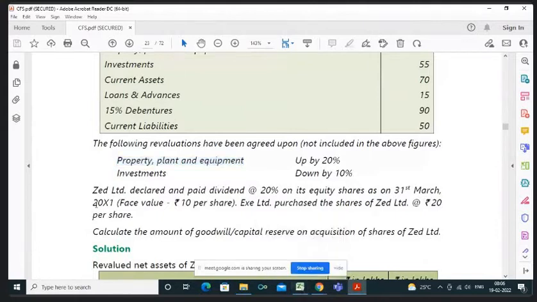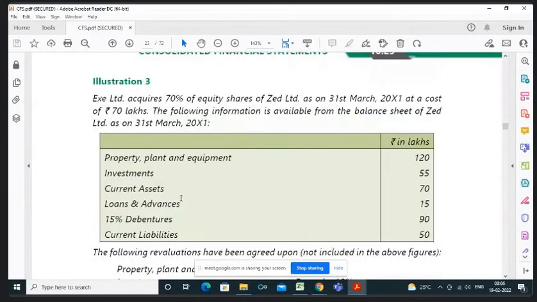One more thing is Z Limited declared and paid dividend at 20% on its equity shares as on 31st March 2011. Face value is 10 per share. X Limited purchased the shares of Z Limited at 20 per share. So when we purchased on the same date, dividend is declared.